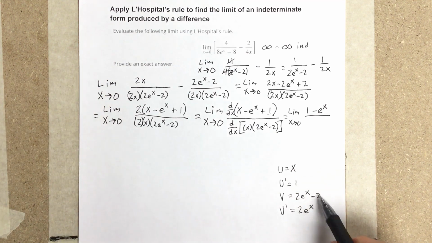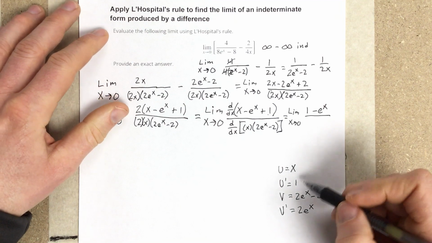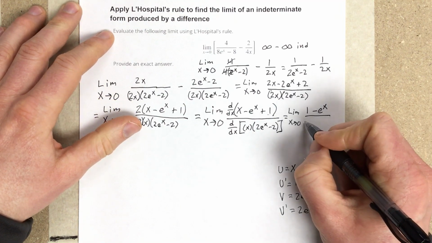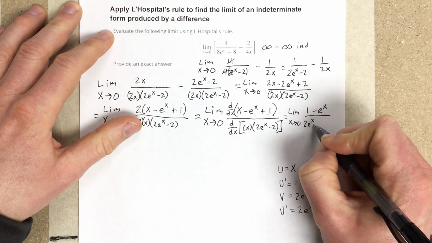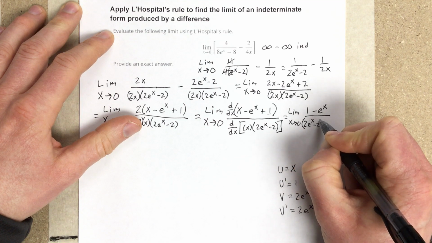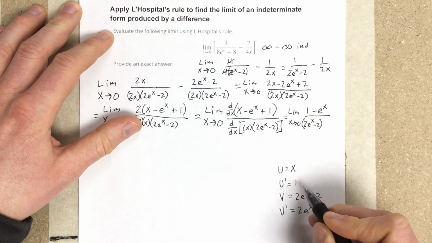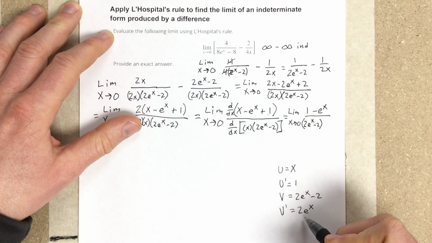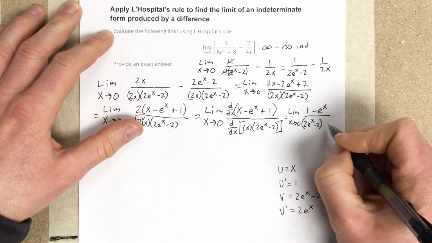The derivative of the constant is 0, and the derivative of e to the x stays the same. So u prime times v gives 2e to the x minus 2, and then I'm adding 2x e to the x.